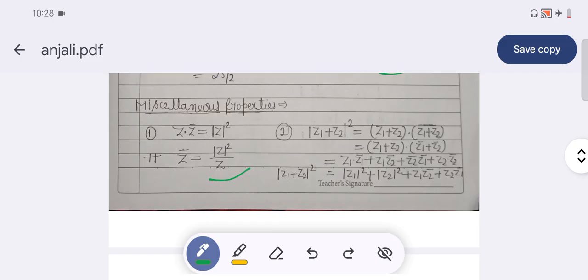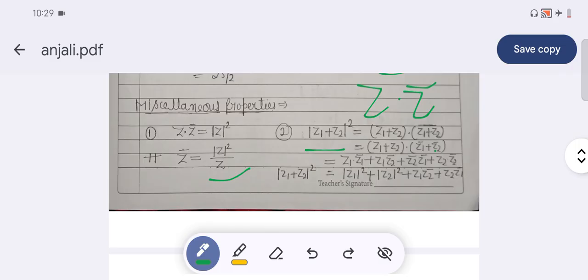And the third is mod of z1 plus z2 whole square. We know mod of z square will be z dot z conjugate. So z is z1 plus z2, and its conjugate will be z1 conjugate plus z2 conjugate. It is clear? We separate the property: z1 plus z2 dot z1 conjugate plus z2 conjugate.